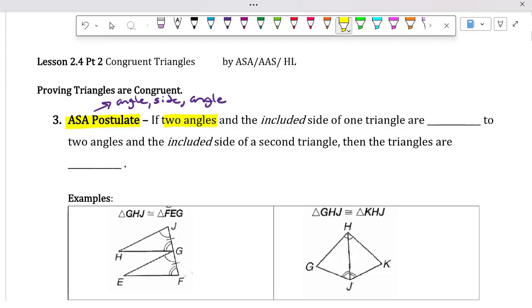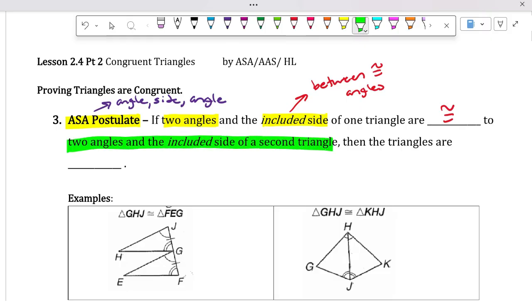ASA states that if two angles and the included side, and remember, the included side is going to be between the congruent angles, of one triangle are congruent to two angles and the included side of a second triangle, then the two triangles are congruent.